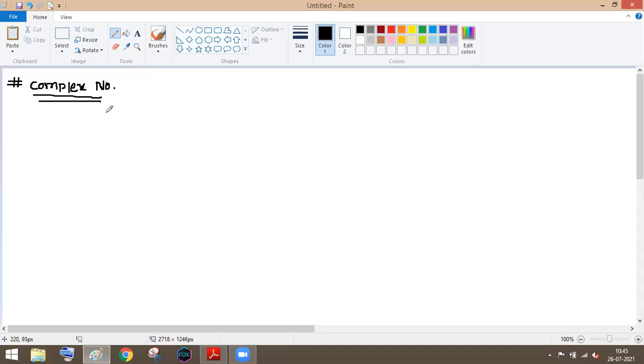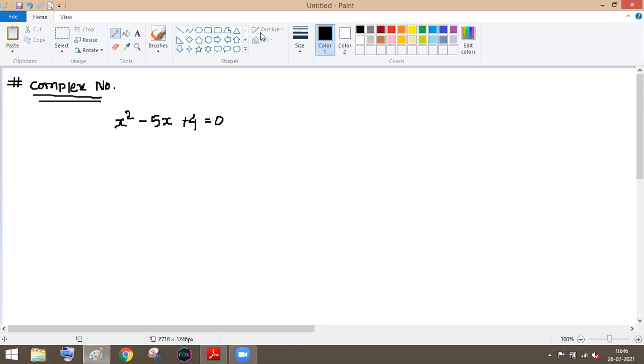Now, before that, we'll talk about a few concepts regarding the degree of a polynomial. So suppose we have an equation like x square minus 5x plus 4 equal to 0.